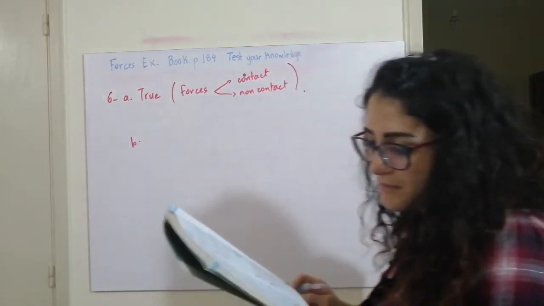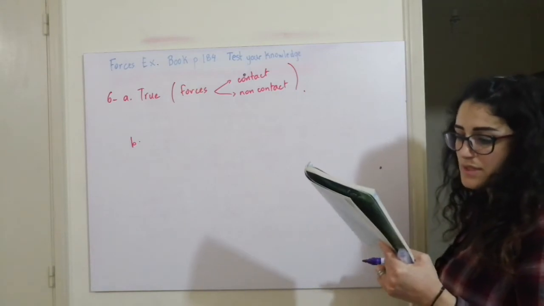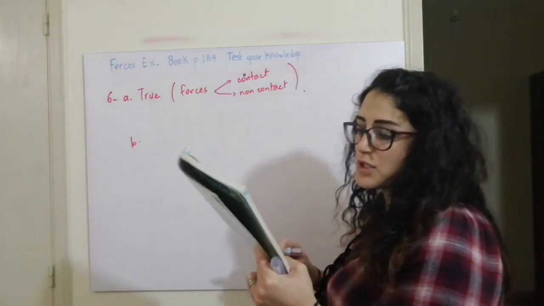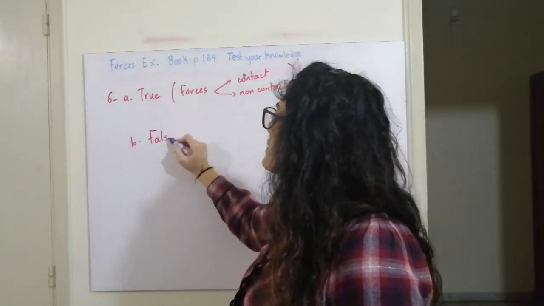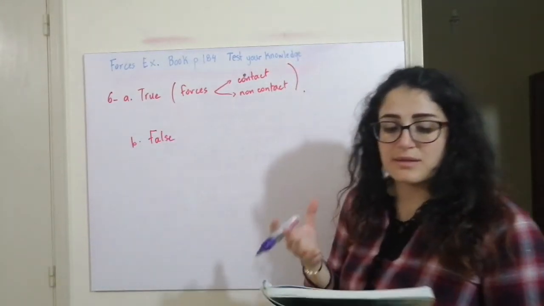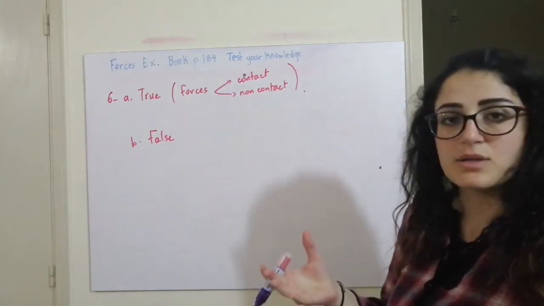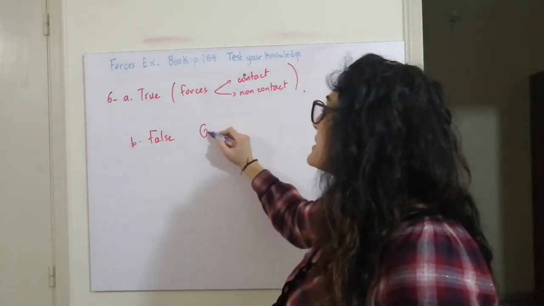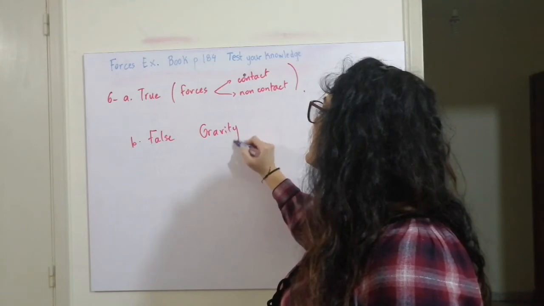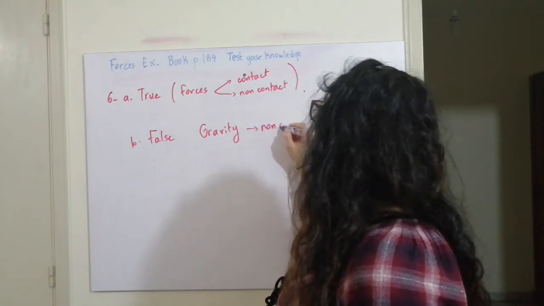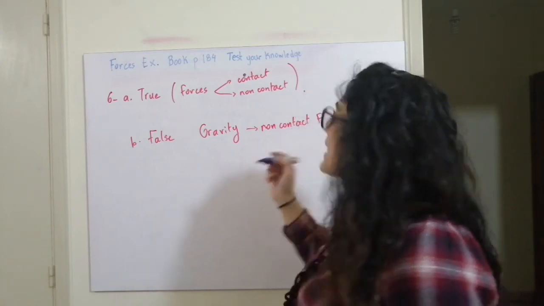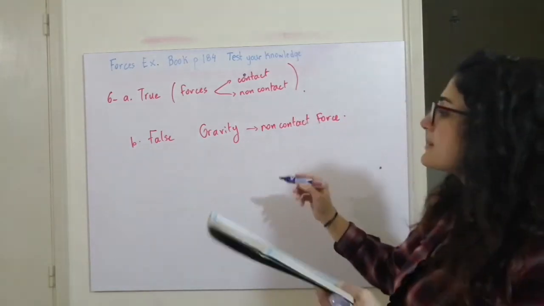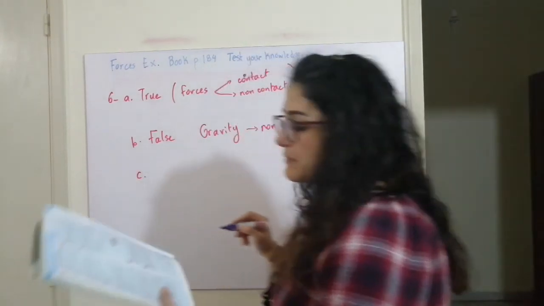B. When a body and the earth interact, they are necessarily in contact with each other. This is false. Why? Because the action that the earth applies on any body is gravity. And we know that gravity is a non-contact force. So the object can be in contact with earth and can be at a distance from it.